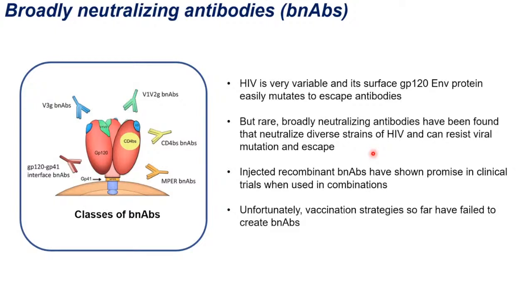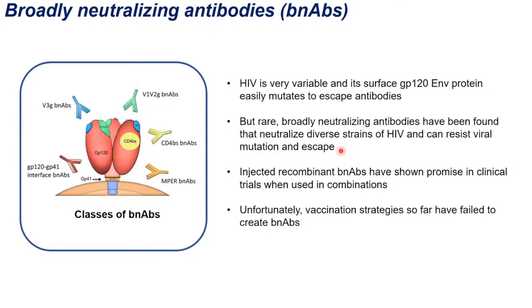They neutralize diverse strains of HIV, and there are many different strains of HIV, especially when we look globally across the world. These BNAbs, not only can they neutralize a broad range of diverse strains, they also resist this drive to mutate and escape from antibodies that HIV has.